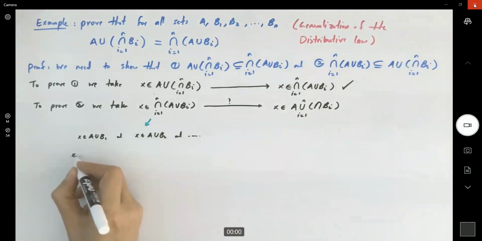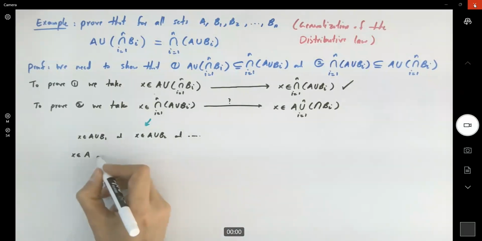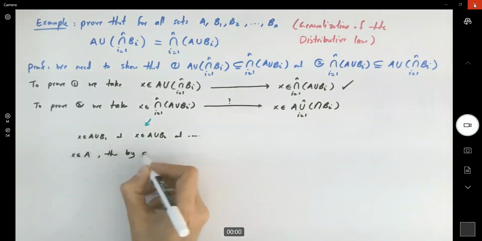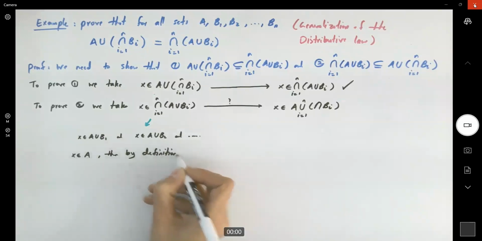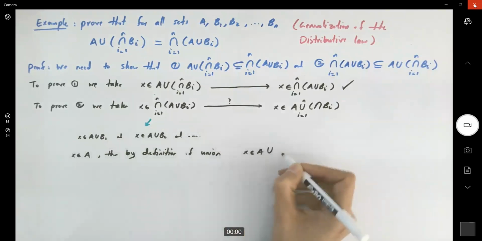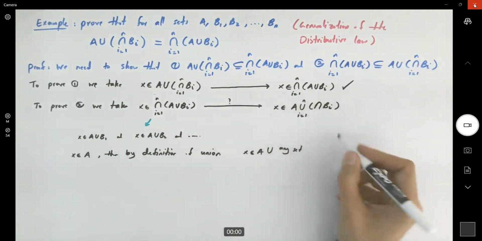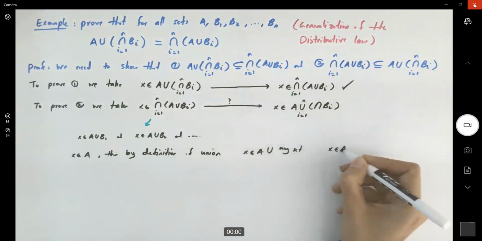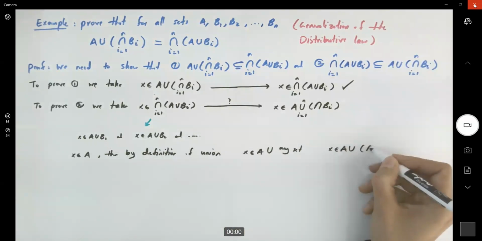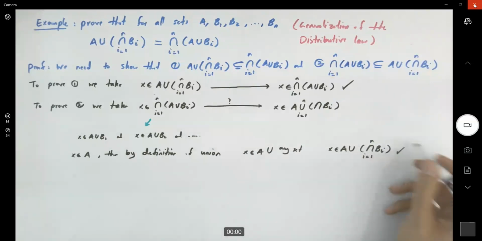So if x belongs to set A, then by the definition of union, x belongs to A union with any other set. That can be written for the sake of our proof: x belongs to A union with intersection of Bi's, i from 1 to n. So in this case, we're done.